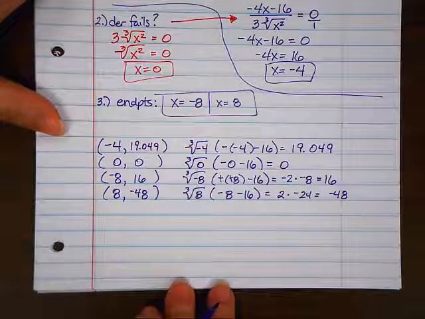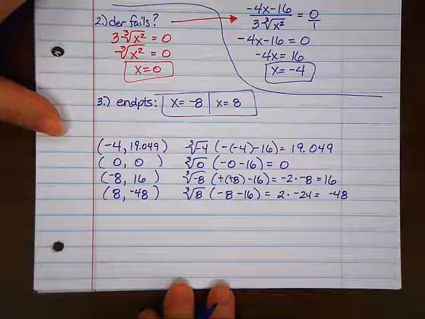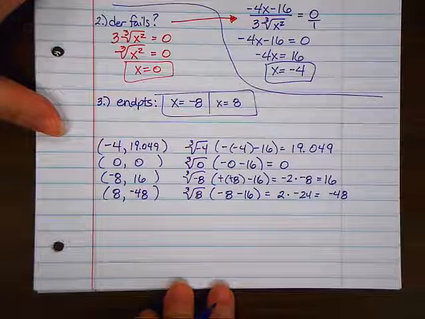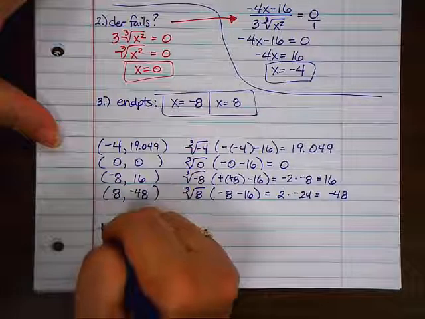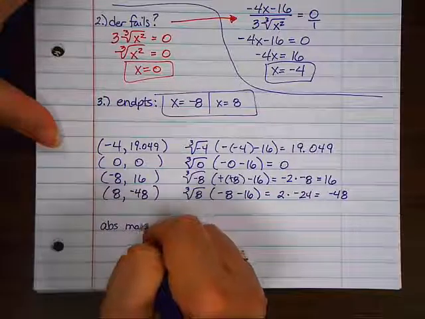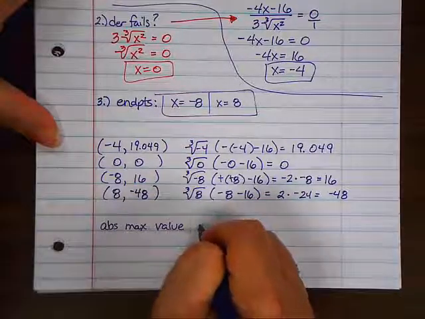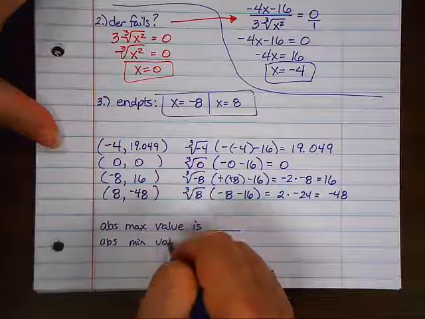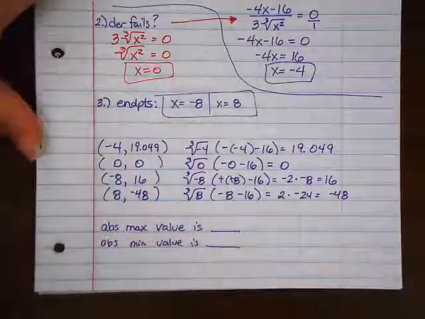Okay, right now I want you to write down what the absolute maximum value and the absolute minimum value are. That's what this question is asking. So, absolute maximum value is blank. Absolute minimum value is blank.